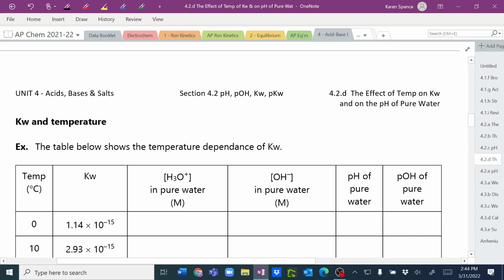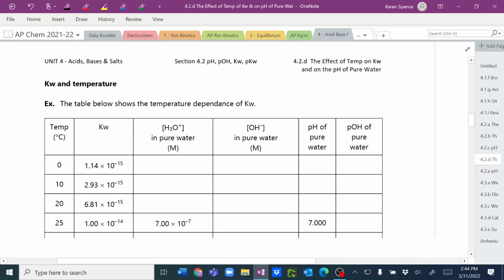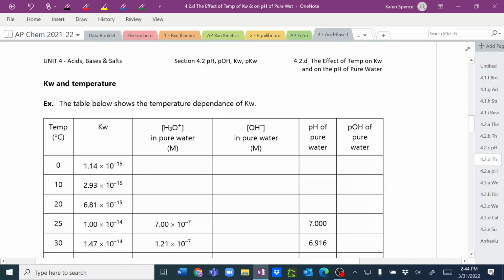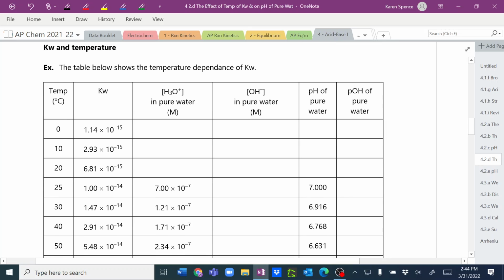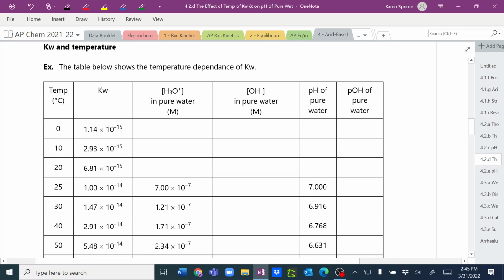Now, here is a little table showing the temperature dependence of Kw. All right. So how about we figure out, how would we figure out the hydronium ion concentration at 0 degrees Celsius?